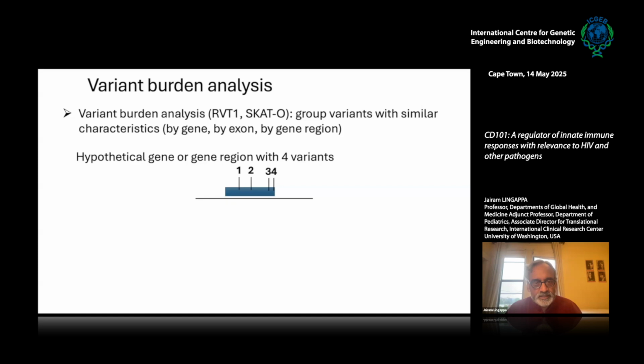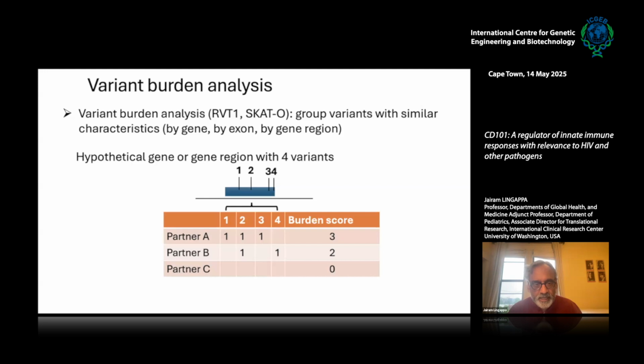So in a hypothetical example here, we have a gene with four variants marked by the 1, 2, 3, and 4 in this gene region. If partner A has variants 1, 2, and 3, and partner B has variants 2 and 4, and partner C has no variants in this gene region, then partner A would get a burden score of 3, partner B would get a burden score of 2, and partner C would get a burden score of 0.